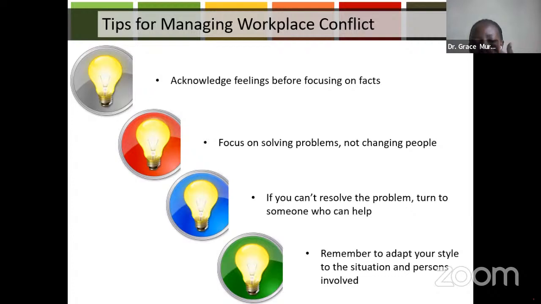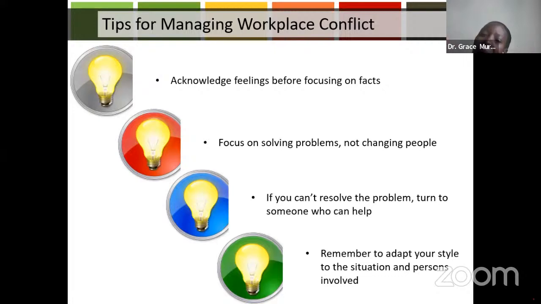If you can't resolve the problem, find someone who can help. The third party. Remember the mediators, the conciliators, the arbiters we talked about yesterday. Even within the organization, there's never just one person. Even in the hierarchy of the organization, there's always one supervisor and another supervisor you can go to.